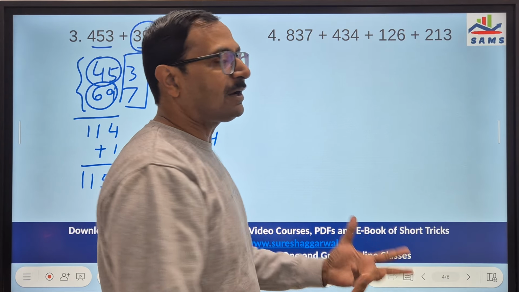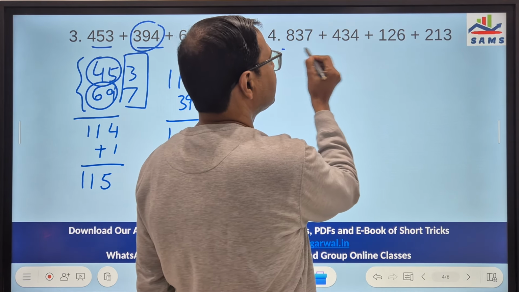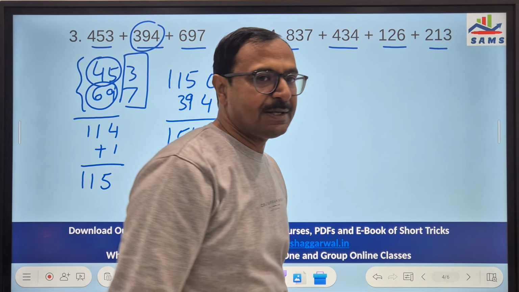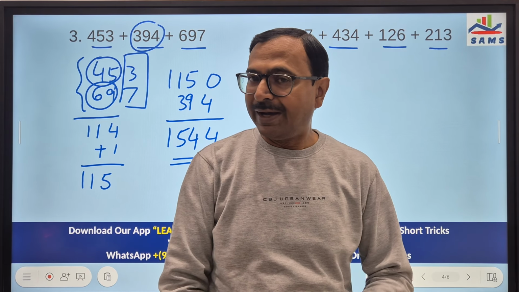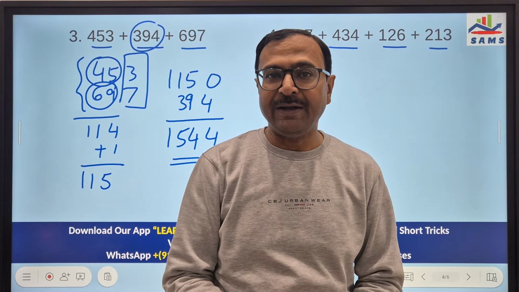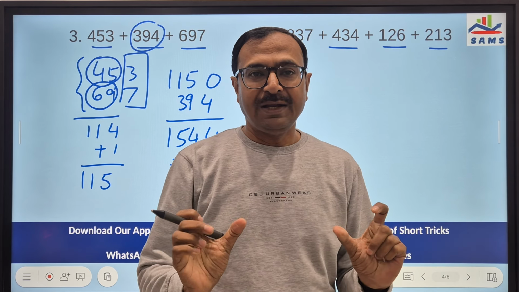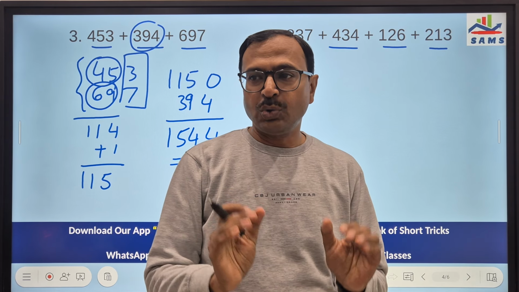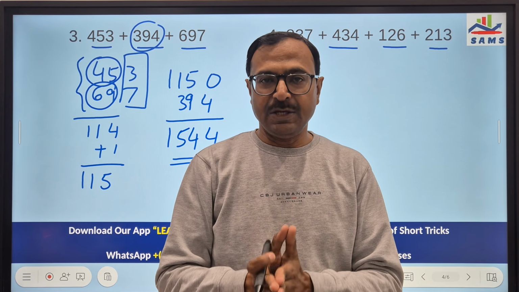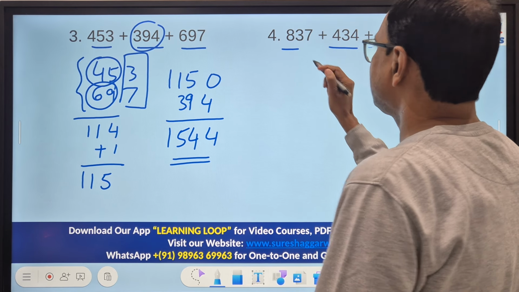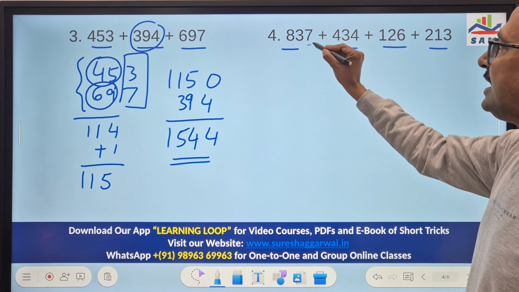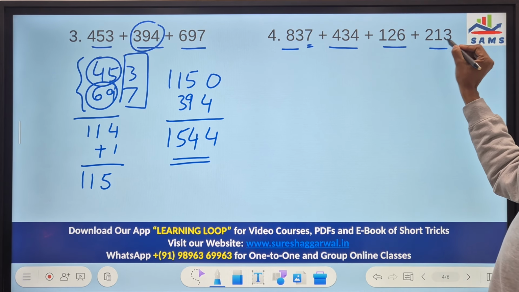Likewise, if you have greater number of numbers, that is 3-digit numbers, you have 4 numbers here, you can pair them up. And once you pair them up, again the same rule should strike your mind, that the numbers' sum should end in a 0, and that is really important. So what do you do here in this question is, you can take this 3 and 7.